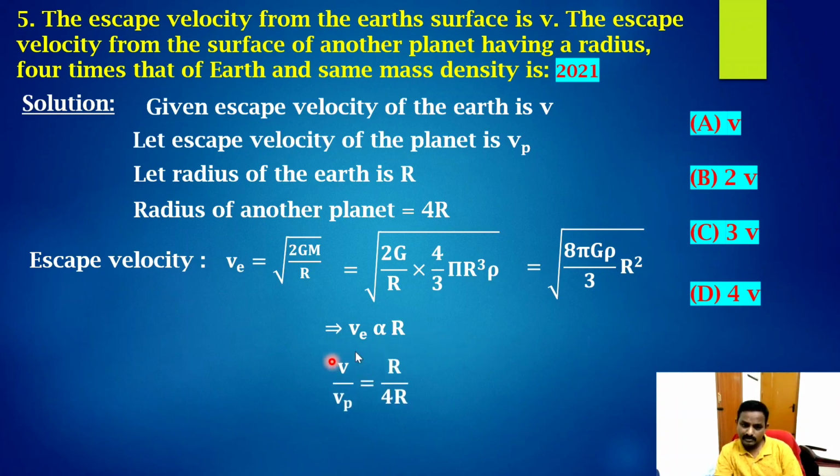So from this we can write escape velocity of the earth by escape velocity of the planet is equal to radius of the earth by radius of the planet, that is R by 4R. So from the above equation we found escape velocity of the planet is 4 times the escape velocity of the earth. So from the given options, option D is the answer, my dear.